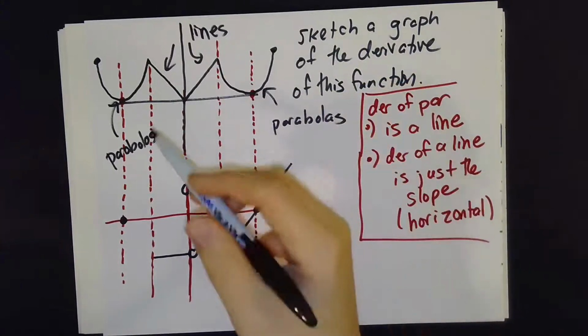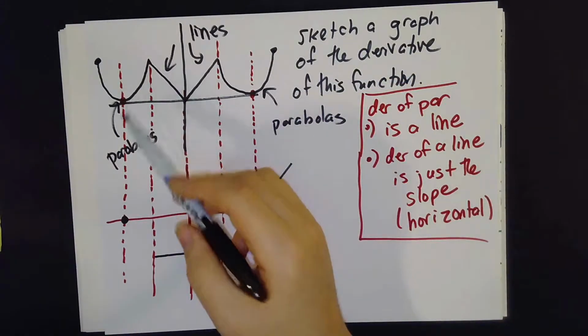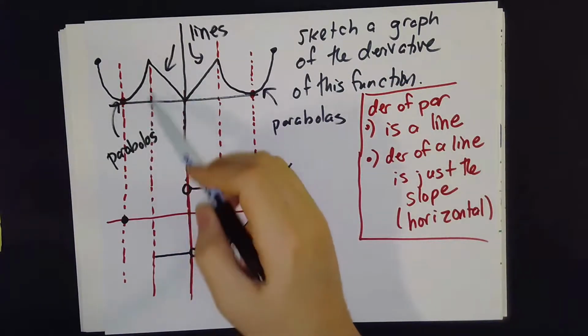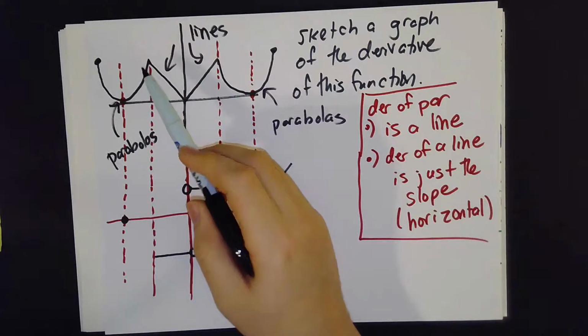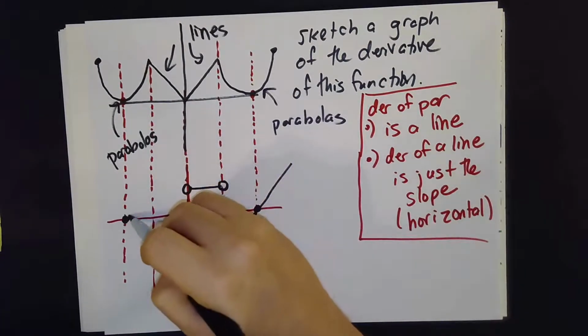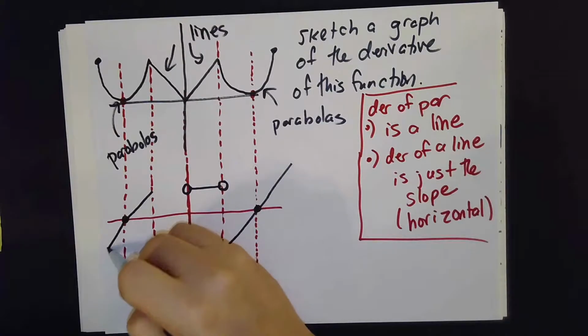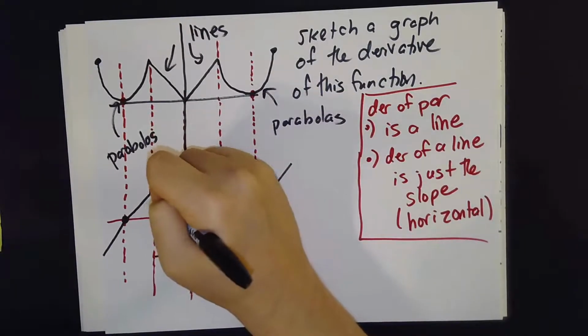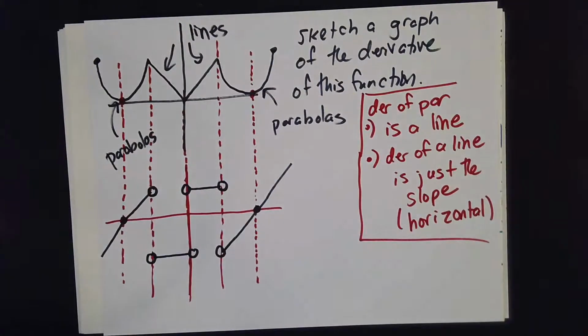Fortunately, in this case, it's actually the opposite, because on this side, this thing is increasing, so the derivative is positive. So it ends up looking something like this, so we don't have to think about exactly how it matches up. Okay, and we again get these holes like that. So that is what our derivative looks like.